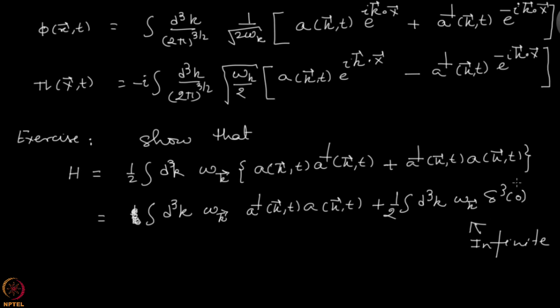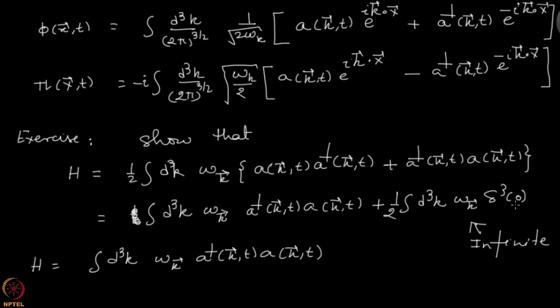I don't have to worry about this term. So we will drop this one and write the Hamiltonian to be d cube k omega k a dagger k a k.